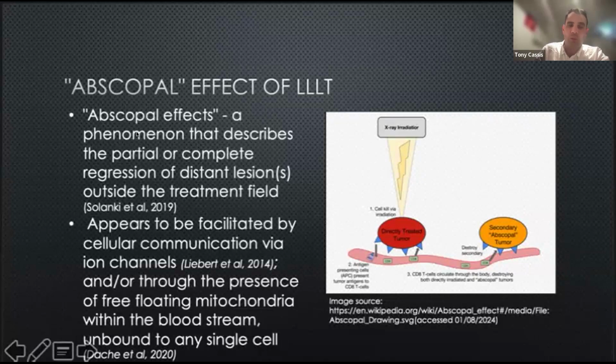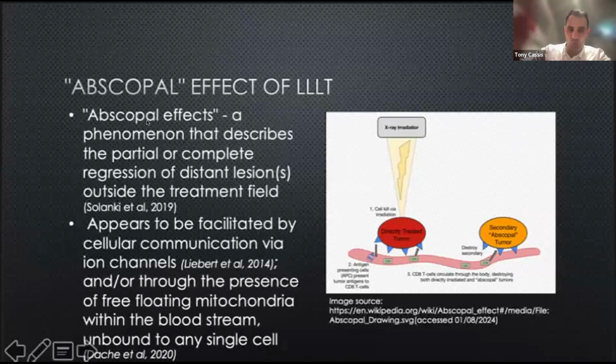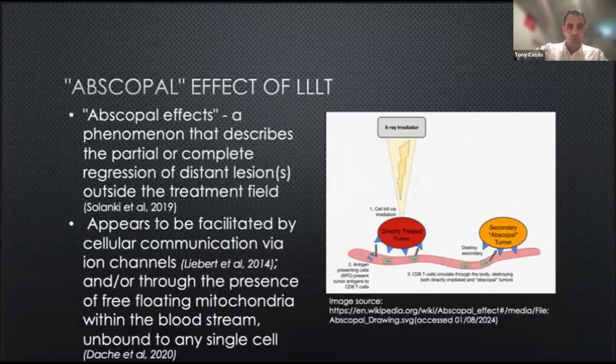They'll use radiotherapy, and cancer distal to where they're actually putting the radiation is improving. So not only is the tumor that we're working on getting better, but down the line, tumors elsewhere are improving too. They're showing now that laser can have this same abscopal effect.